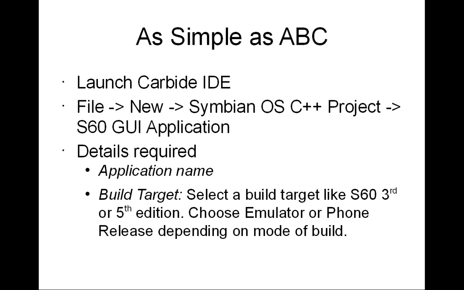By default, if you create any project inside a Symbian application, it will automatically show a note. So a default program is hello world. What you do is you just need to launch Carbide IDE and follow the steps. So let's follow them.